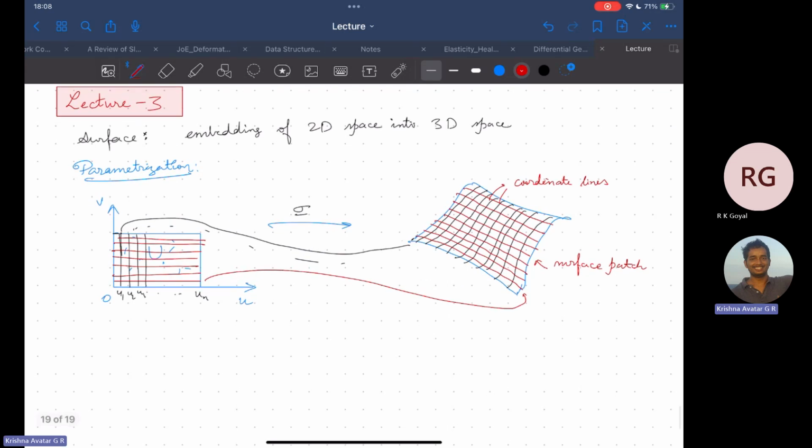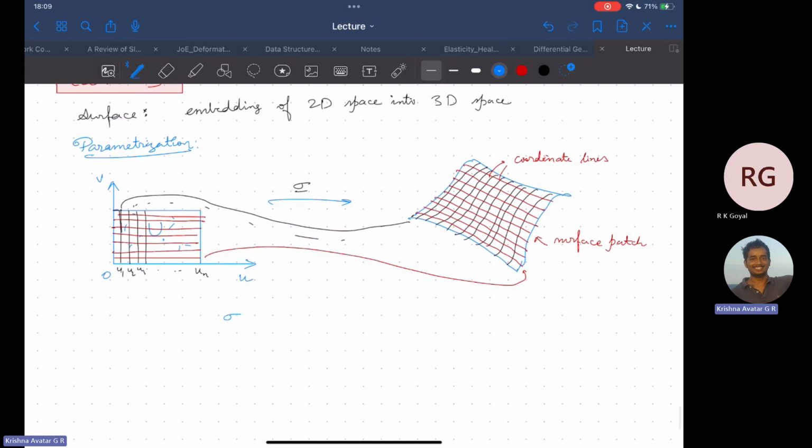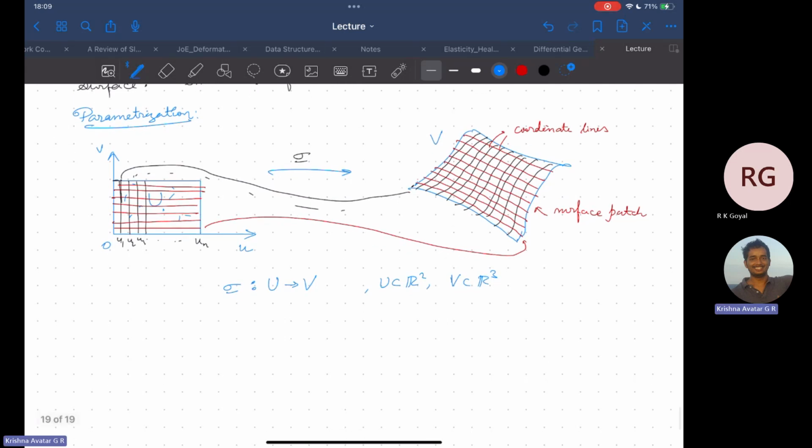Right. So ideally, essentially, sigma is a map from U to V, right? U belongs to R2 and V is a subset of R3. Okay, so far so good.